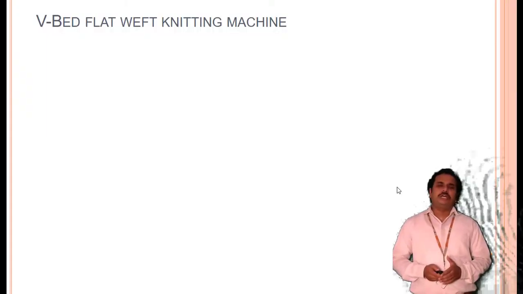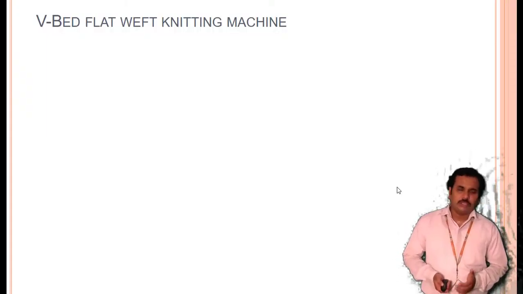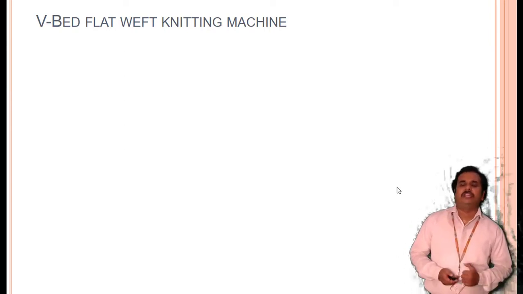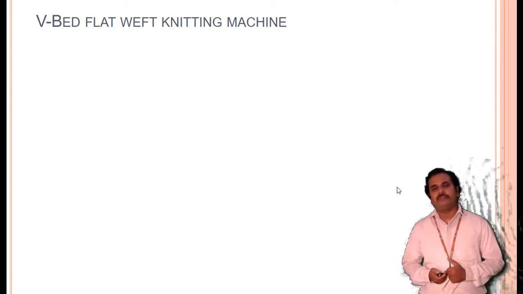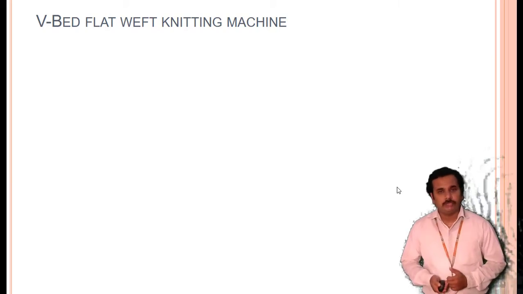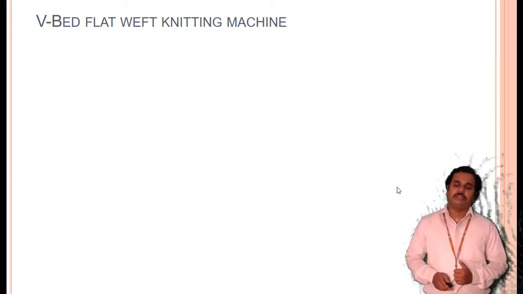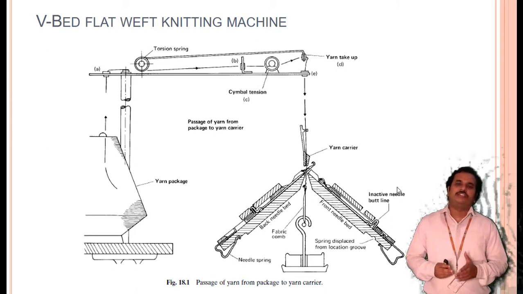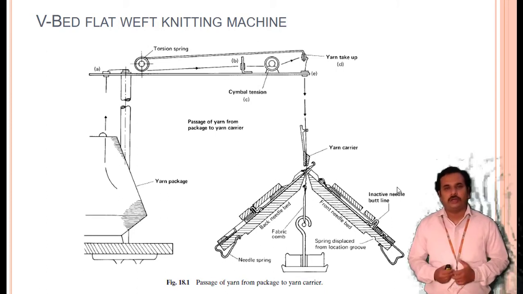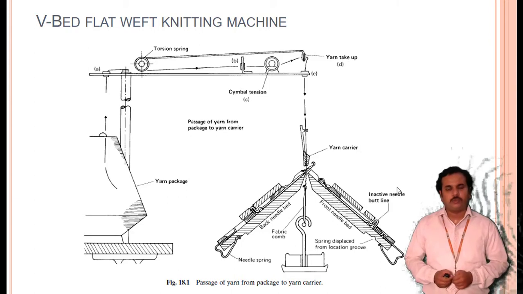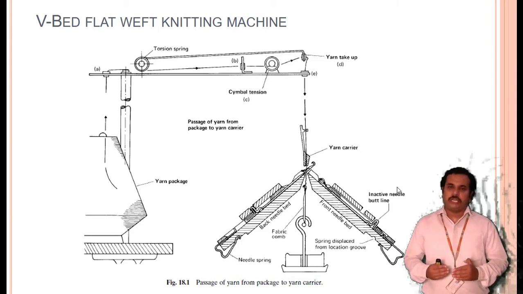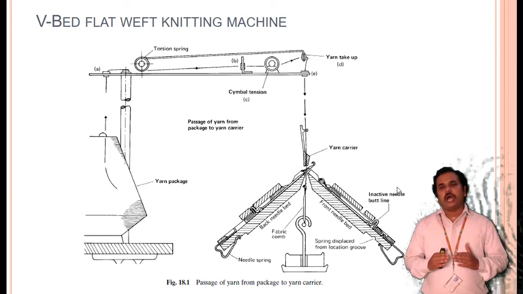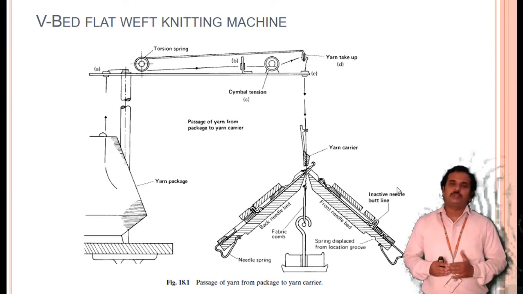When it comes to the second flat weft knitting machine, that is the double bed weft knitting machine, the V bed flat weft knitting machine, there is a use of two needle beds which are operated opposite to each other.